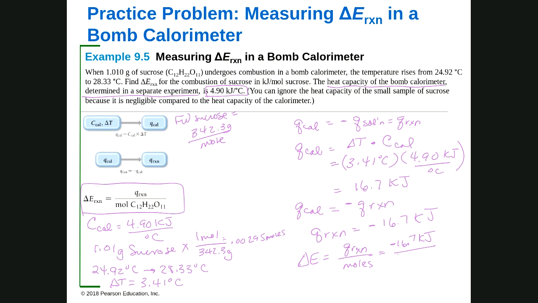So it's negative 16.7 divided by 0.00295, and the delta E would be a negative 5.66 times 10 to the third kilojoules per mole. So it's that same formula, just a little bit of a different spin when you have a bomb calorimeter.